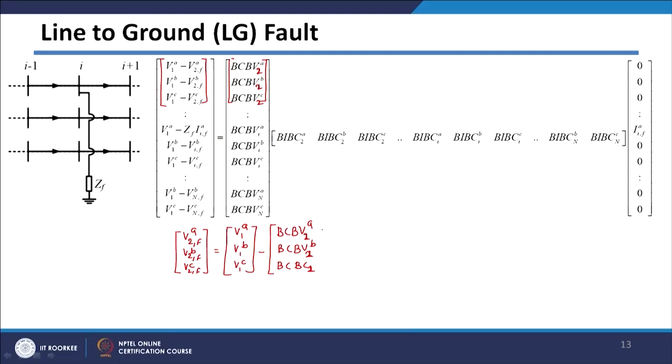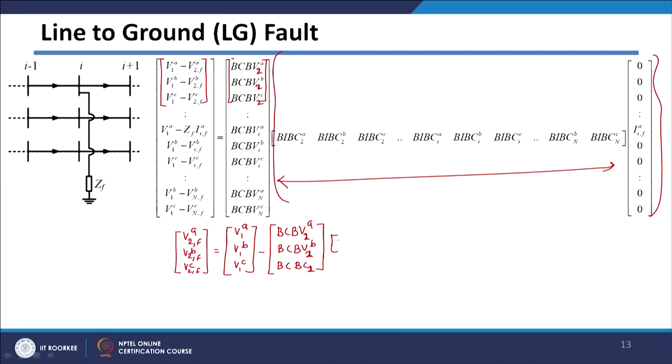So, we are not considering that, and it will get multiplied, and as you know, the simplification of this part of the matrix, we have seen that it is just BIBC IA multiplied by IF, and this is for say the second node.